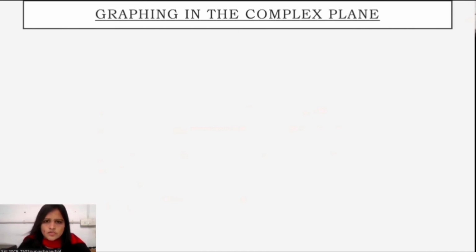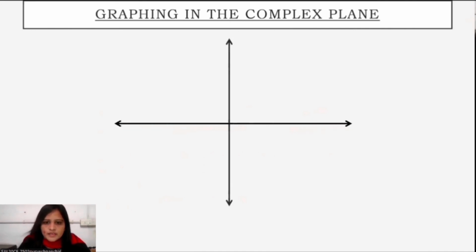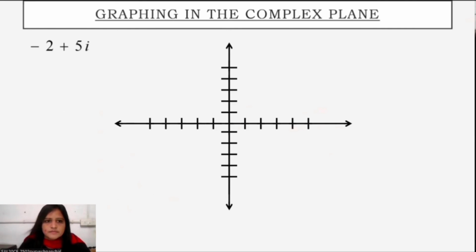Let us see how to graph a complex number in the complex plane. We have the real axis, imaginary axis, and 0. We know that their intersection point is 0. Let us denote this complex number, minus 2 plus 5i, in the complex plane.